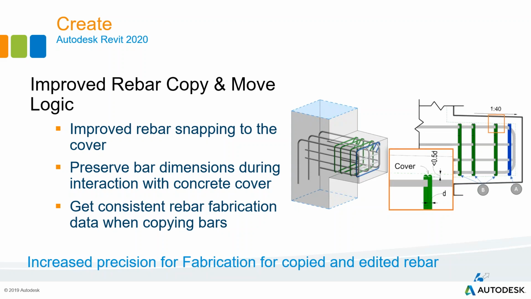Previously, a rebar would snap to the cover if it was within a half bar diameter from that cover. The bars will now snap automatically for operations like dragging individual bar segment handles, sketching a rebar, or placing a new bar. Shape-driven rebar segments are now automatically constrained only to the concrete host faces that are in range of each segment.